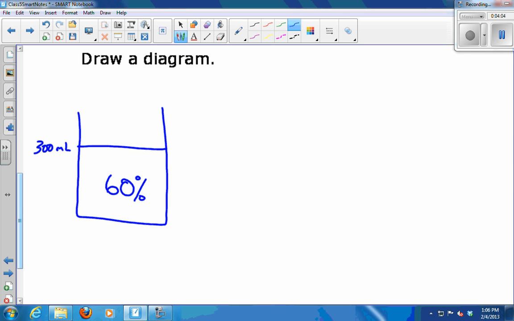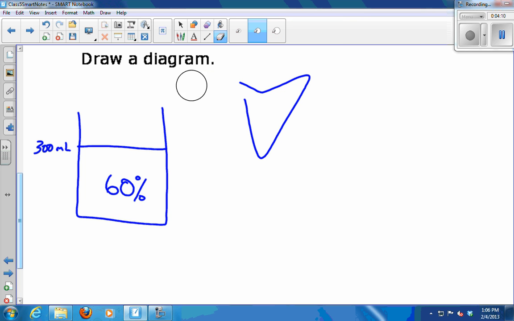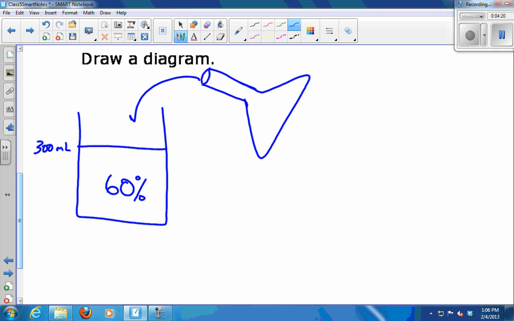Okay, so I'm going to pour in from a, oops, looks like a coat hanger. It's supposed to be an Erlenmeyer flask, right? Okay, I'm going to pour some liquid in here, and this guy is labeled 30%. And how much am I pouring in? X, yeah, we don't know. We decided to call that amount X milliliters.